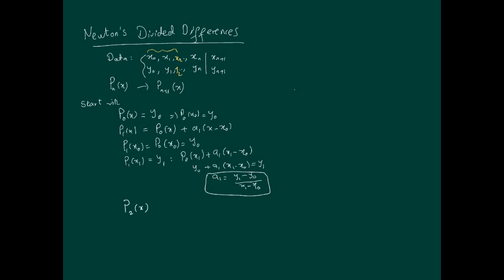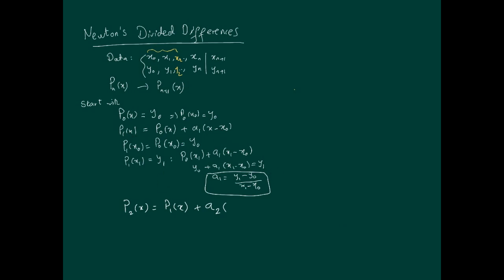P2 of x, we propose, will of course use the previous polynomial, P1 of x, plus an additional piece, which will be a2 times. Now, what do we want to get rid of, remember? In the previous one, we said x minus x0. Why? Because x0 was the previous point. So we wanted to get rid of it: when we substitute x0 in here, this disappeared.